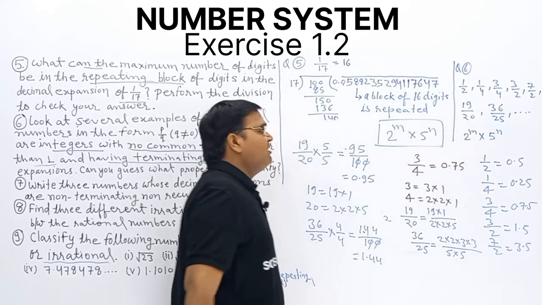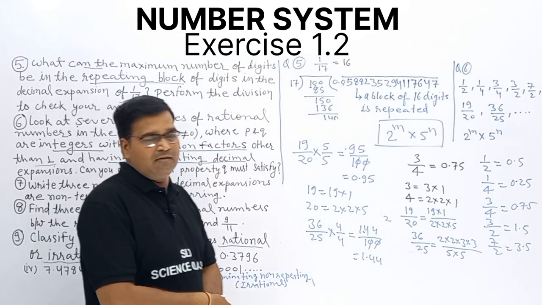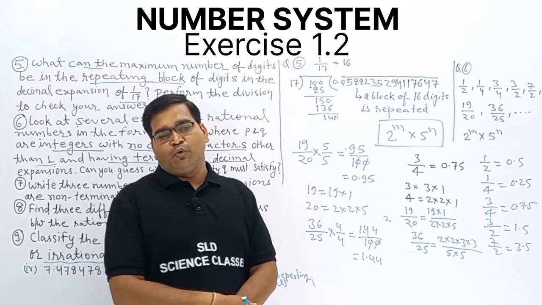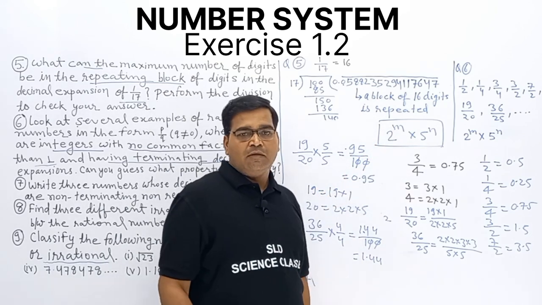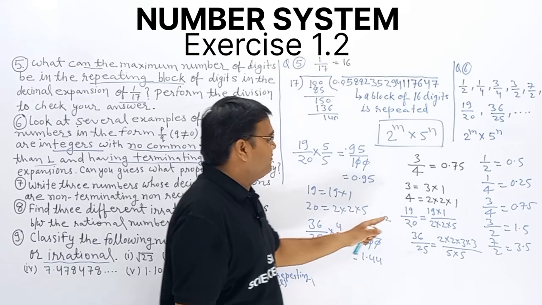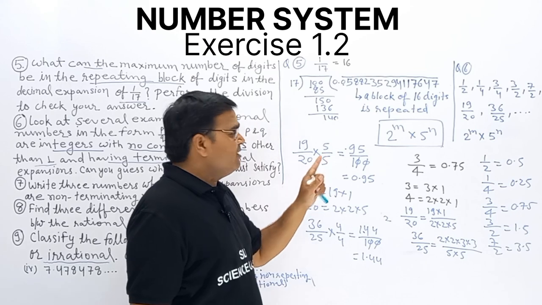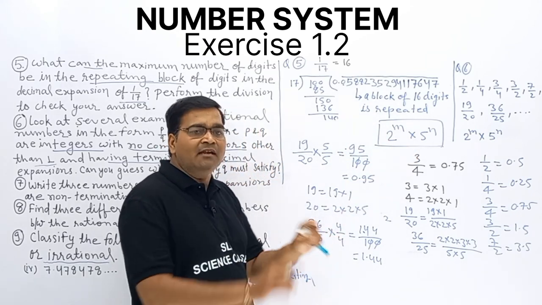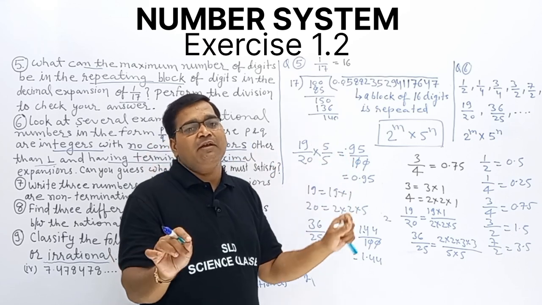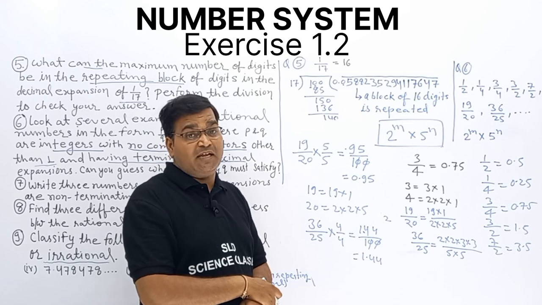So what we are guessing there: in the denominators we are having multiples of 2, we are having multiples of 5. And in the denominators we are having 2 and 5 factors. No other factors we are having.